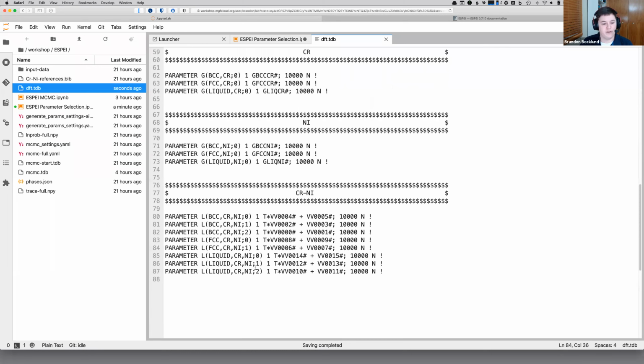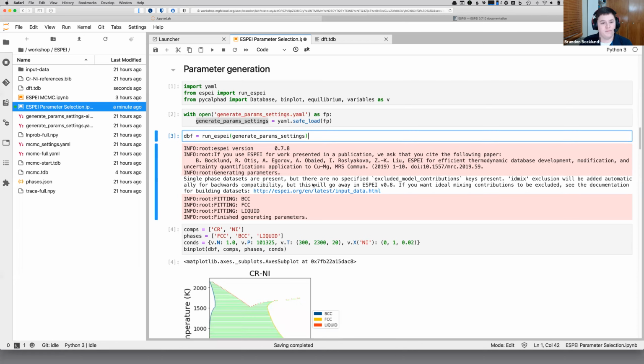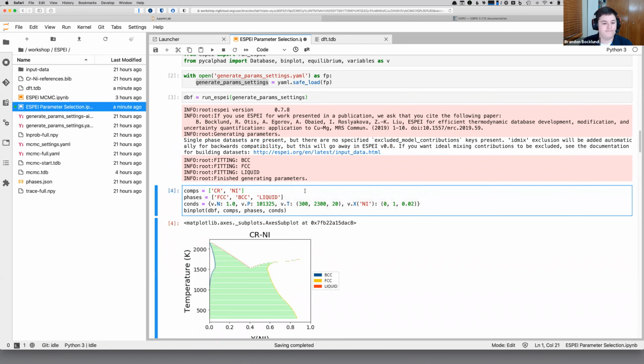For BCC, FCC, and liquid, we've generated these constant coefficients plus a temperature dependent one. We can fit that entire Gibbs energy polynomial and expand up to pretty high orders of temperature terms, but that's not typical for interactions, so we didn't fit that here.